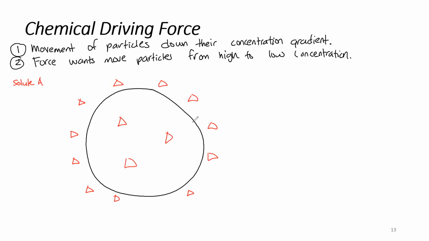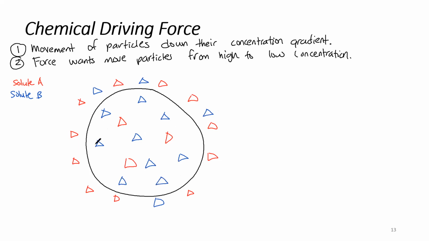Okay, so solute A, higher concentration outside the cell, lower concentration inside our cell. Let's look at another solute, solute B. Solute B is at a lower concentration outside the cell, so a few particles dissolved out here, and then at a higher concentration inside our cell, so many more of these particles dissolved here.